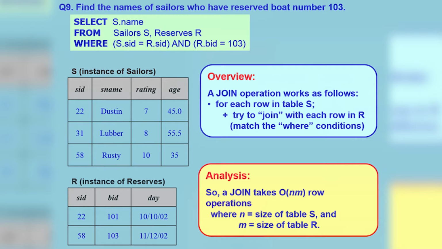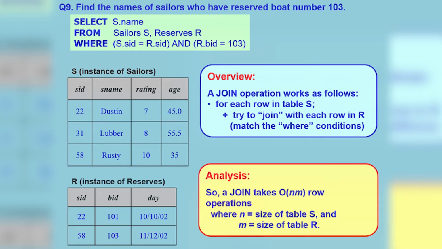Overview. A join operation works as follows. For each row in table S, try to join with each row in R. Match the where conditions. Analysis.